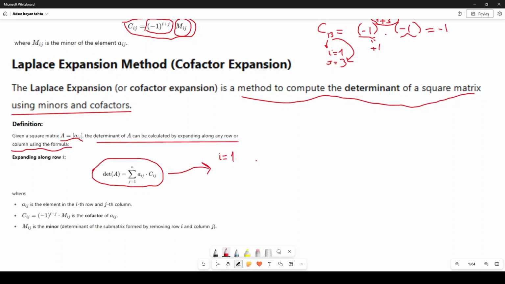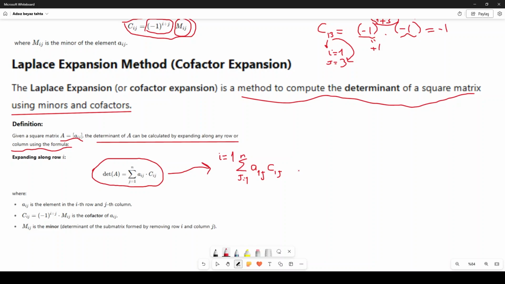This means actually what I do is, when I put the value i equal to 1 in the summation formula, this is a1j times c1j, right? So over the summation of j, and j is the index, j is the column number, right? It starts with the first column and ends with the n-th column if we have an n by n matrix.